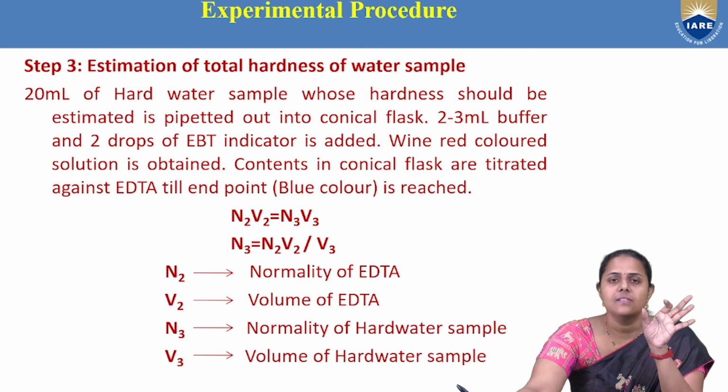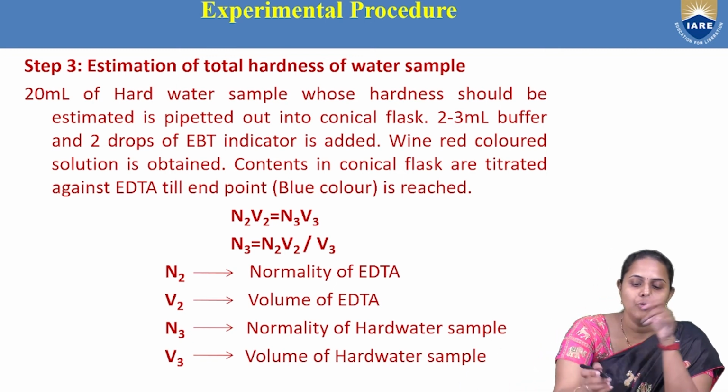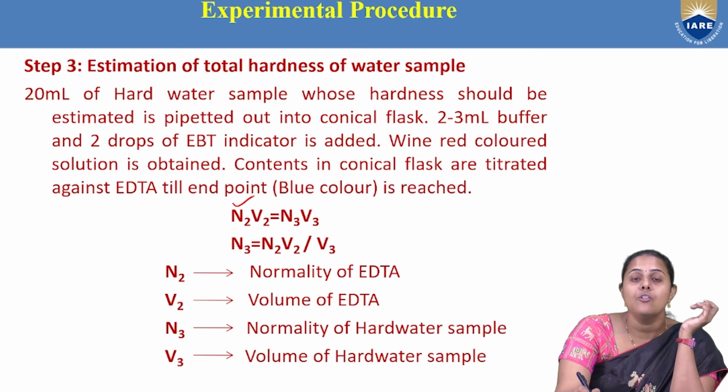Hard water sample is taken, buffer, indicator. Again titrate with EDTA. We need to repeat the experiment till concurrent values of the burette readings are obtained. Once we get the burette reading, the values are substituted in the formula. Here, N2V2 is equal to N3V3. Here, what is N2? This is the normality of EDTA. This one we have found out from the earlier step.